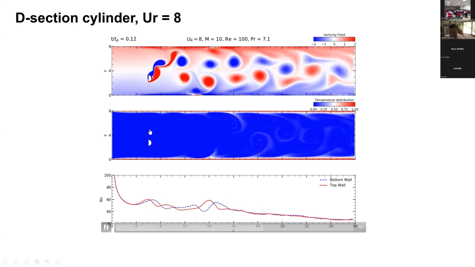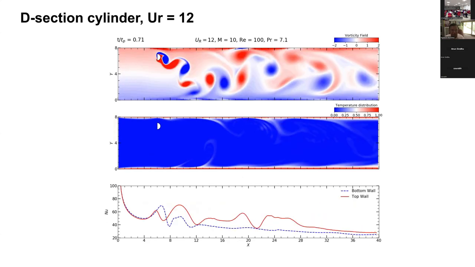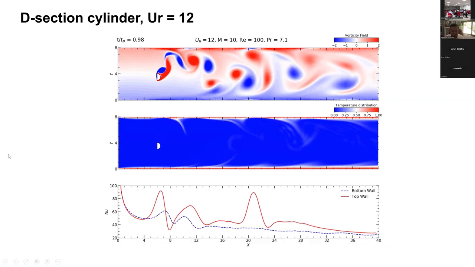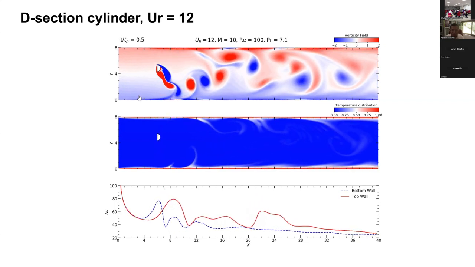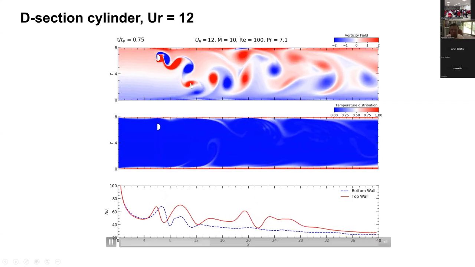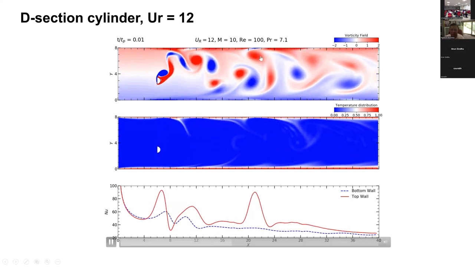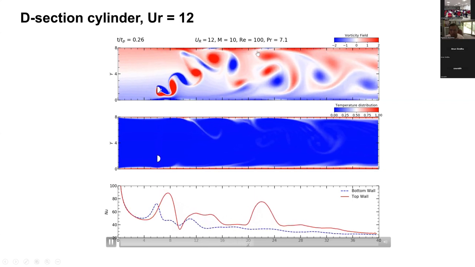All right. So now let us see further how we can understand it a bit more, and we can increase the reduced velocity. As you know, the reduced velocity is the ratio of the time scale of solid to the fluid. So you can say you are either increasing the fluid speed or you are changing the spring stiffness. So now if you see the 12, you can see it moves even faster at larger magnitude, and the interaction is a bit stronger, all the way here to x equal to 20.